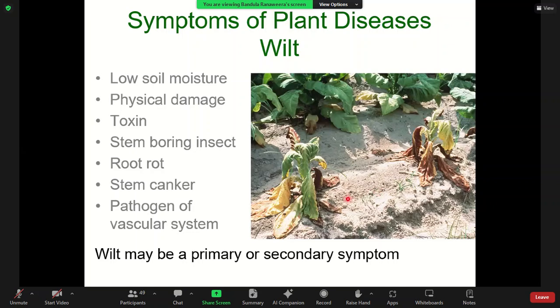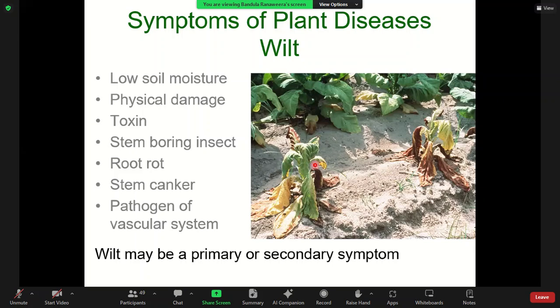Then, other than that, these types of damages, now here, when an insect is damaging the stem or root inside, the transportation of water may not be possible to the aerial parts, and plants are showing symptoms.